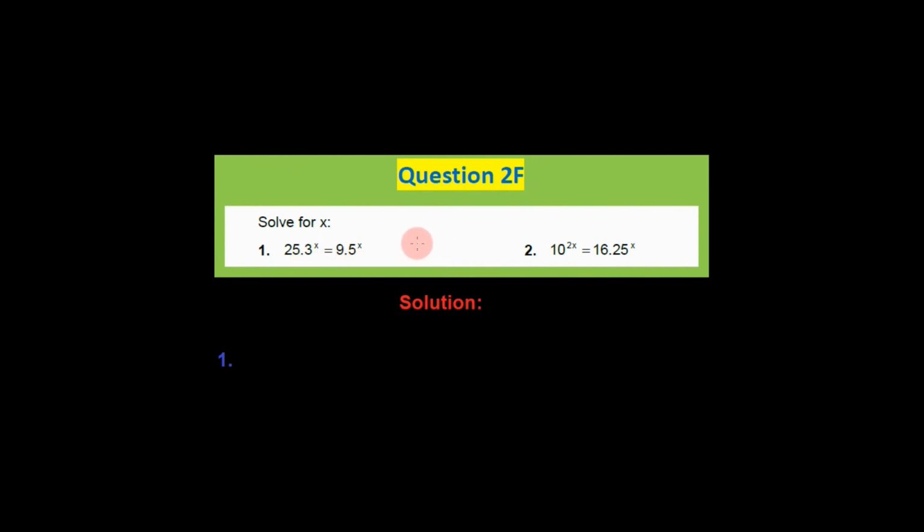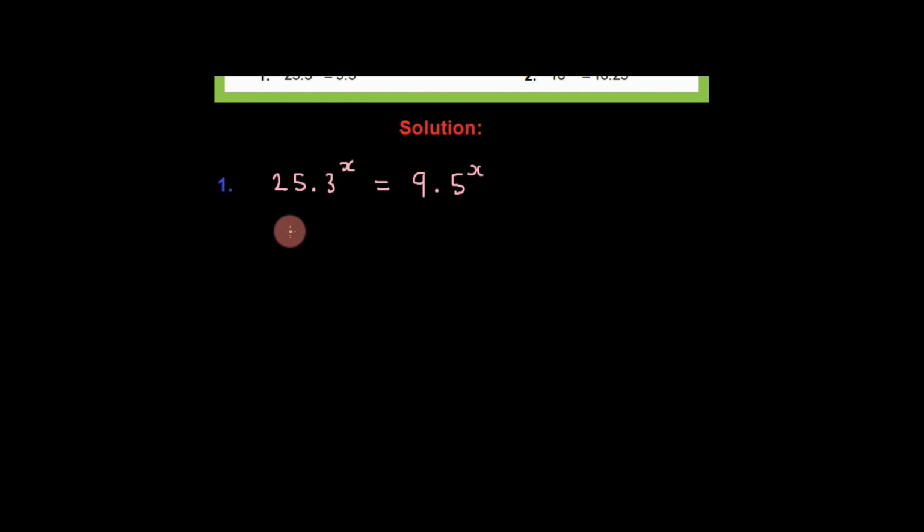Let's look at your answers to this question. In the first one, we have 25 times 3 to the x equals 9 times 5 to the x. We can cross divide, so we can divide the 5 to the x into the left-hand side, and the 25 into the right-hand side.